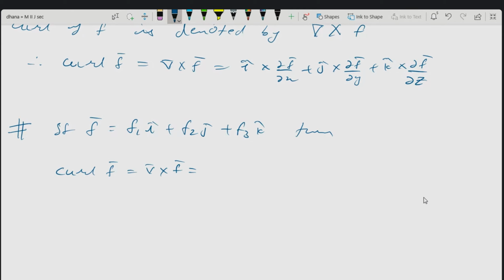Determinant by taking ijk as first row. Yeah, very good.